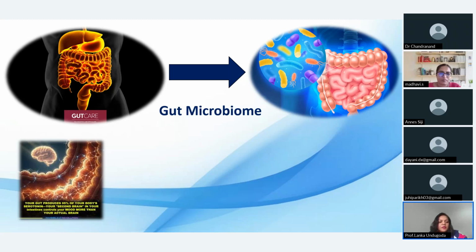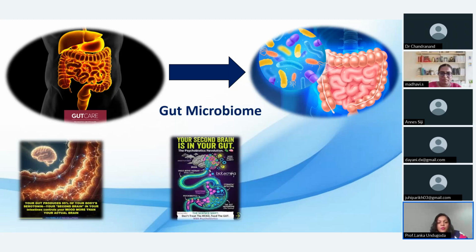Most of the time, 95% of serotonin is handled by the gut. So that's why scientists say, yes, of course, our second brain is this gut. So now you have something in your mind: rather than digestion, the gut should do something more. So today's topic is to find out what is this specialty of the gut beyond digestion.